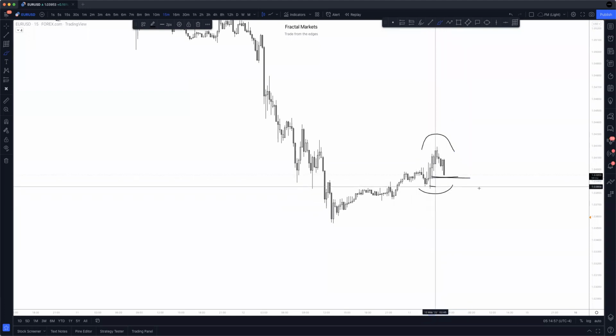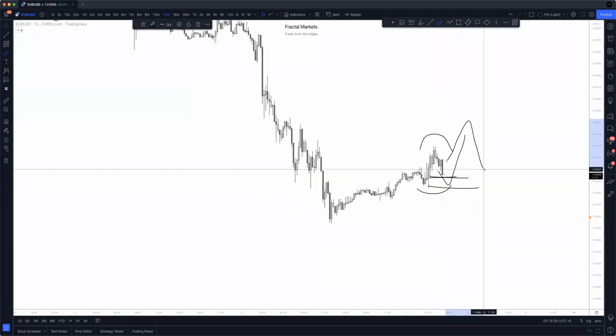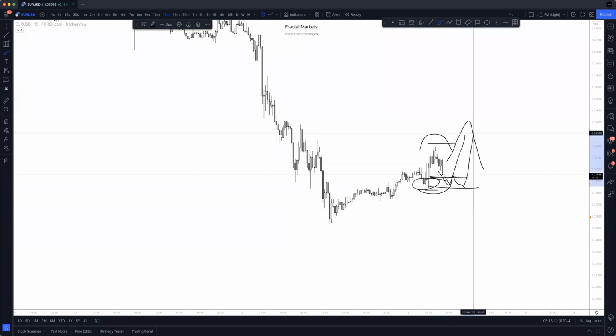So looking at stuff in this leg to potentially come this way would technically make sense. So I would say that reasonably right now, coming down to the more discount region of this leg, you could potentially look for an alignment.